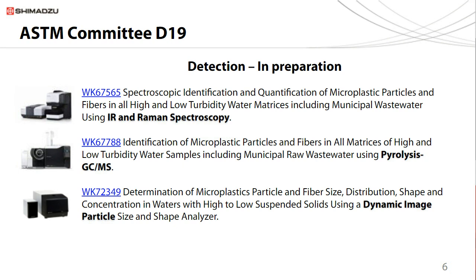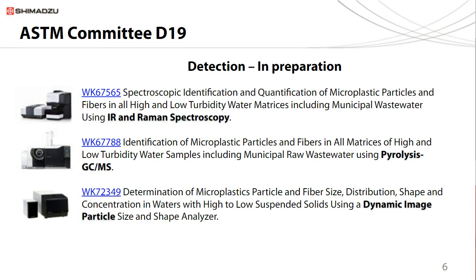One of them is focused on the use of infrared. Raman spectroscopy work is going to be separated from the infrared. Then also, there is an effort ongoing for pyrolysis GCMS, and finally, the use of dynamic imaging analysis.